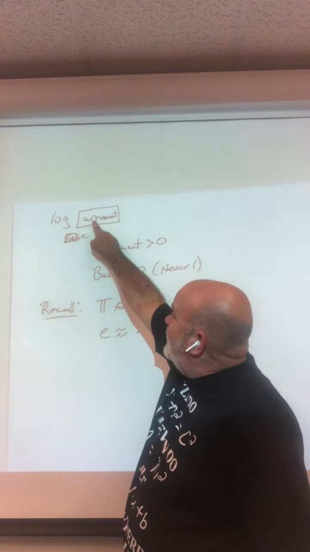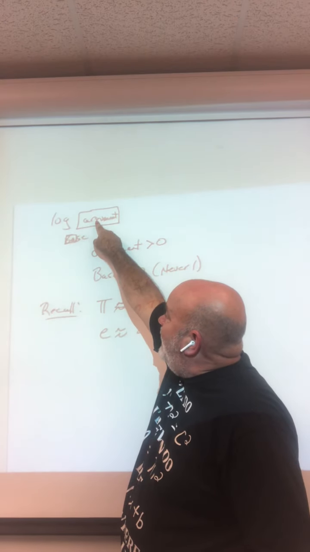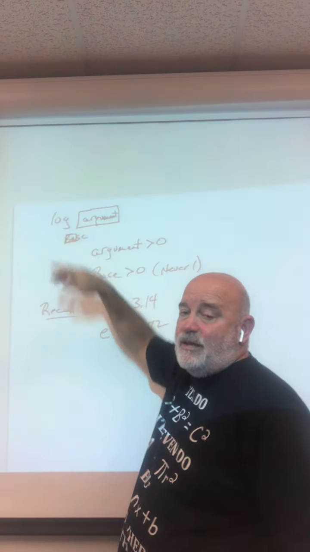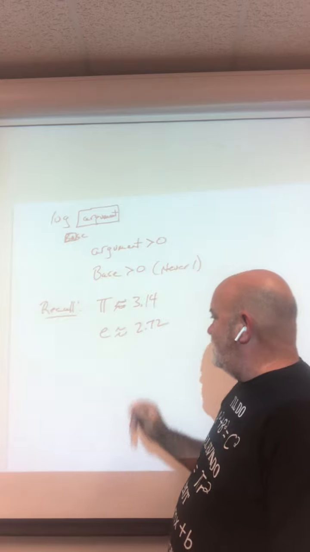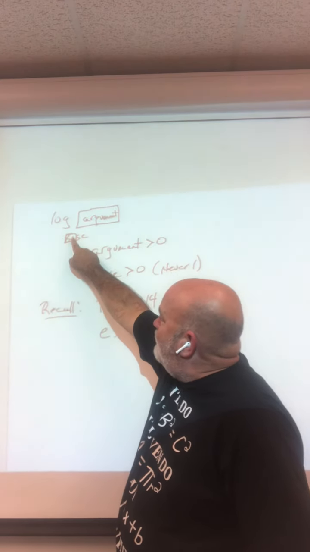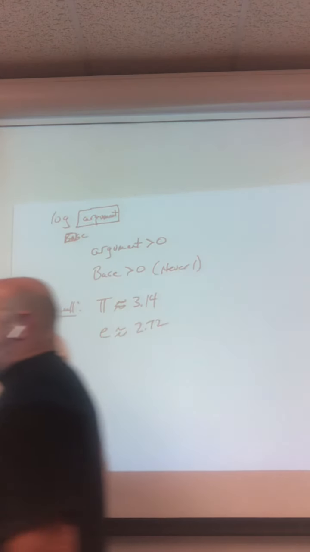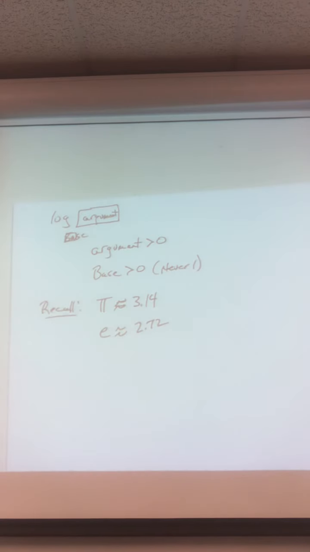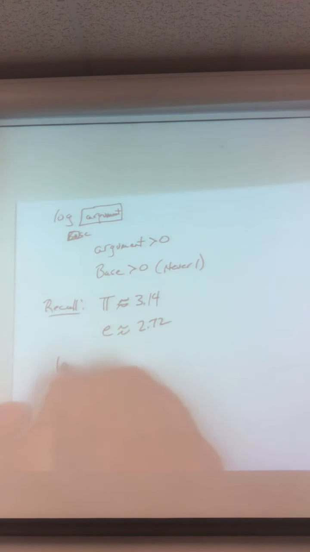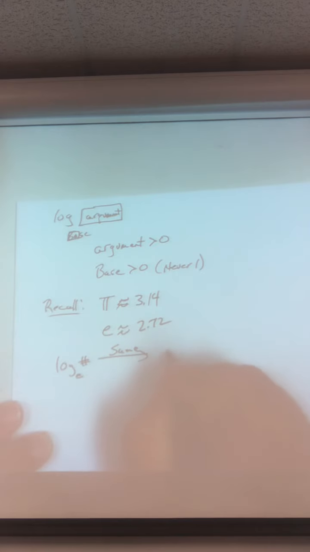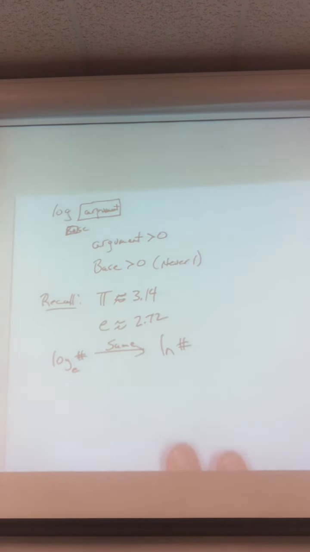So, can this be e? Yes. Can this be e? Yes. Here's the reason I'm saying all of this. Anytime your base is e, that is the same as that.